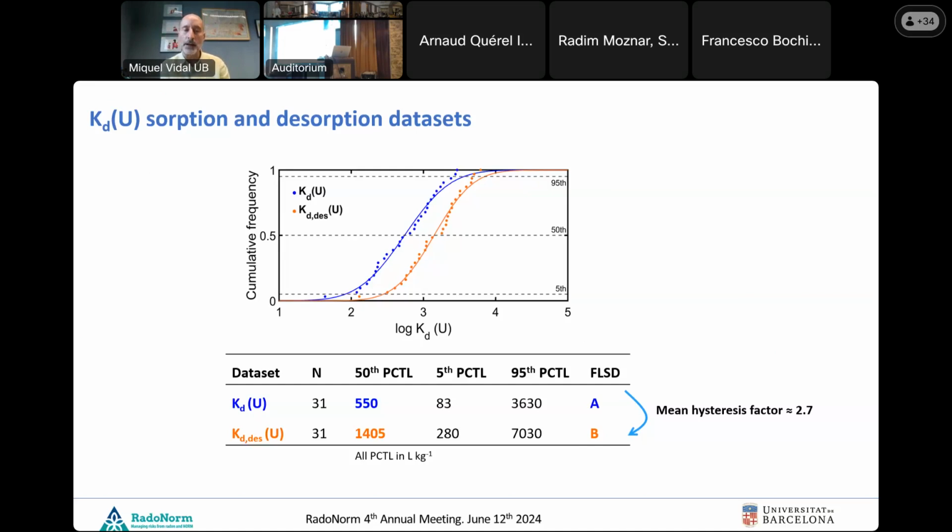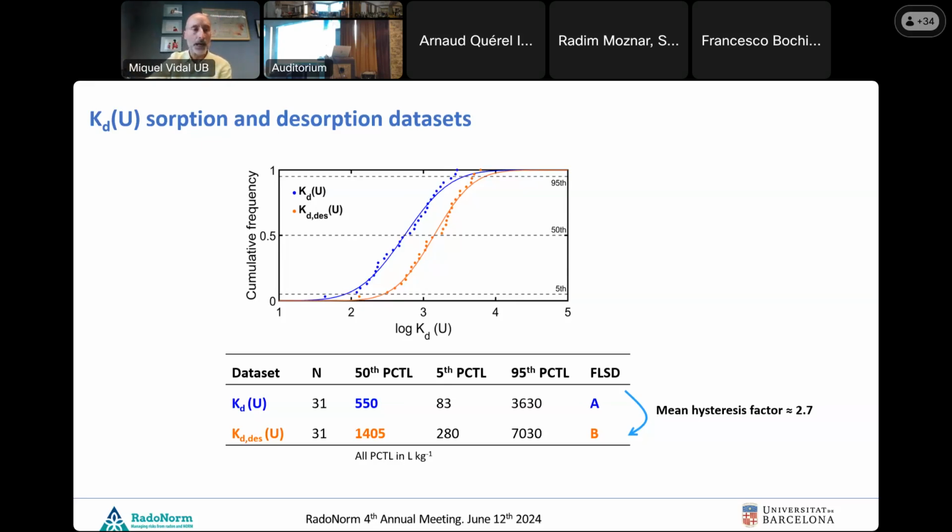If we compare statistically those two populations, we may see they are statistically different. So we may derive a statistical factor of nearly 3, indicating that some aging can be occurring, and then the uranium KD may be larger for the desorption than for the sorption process.